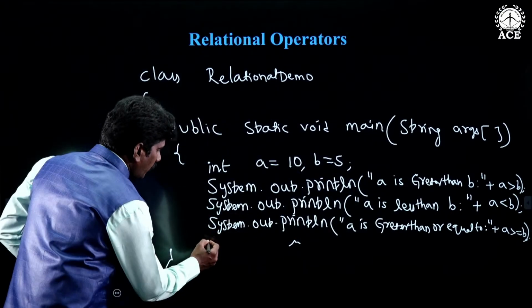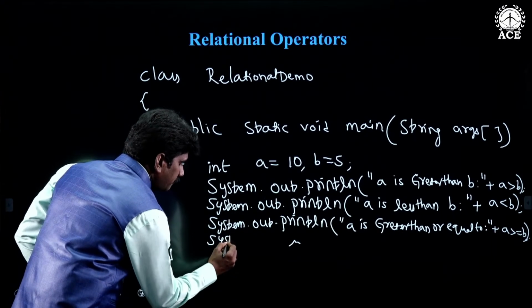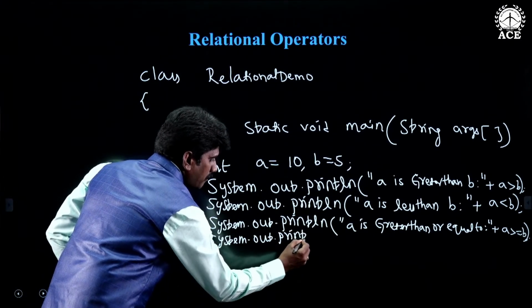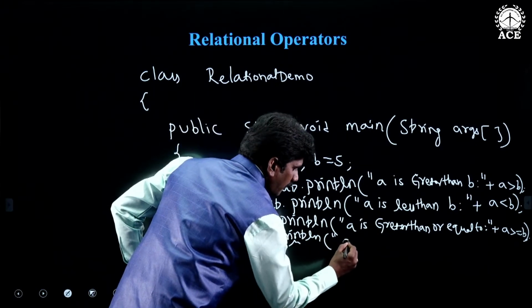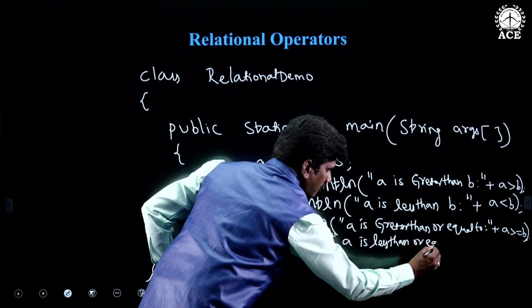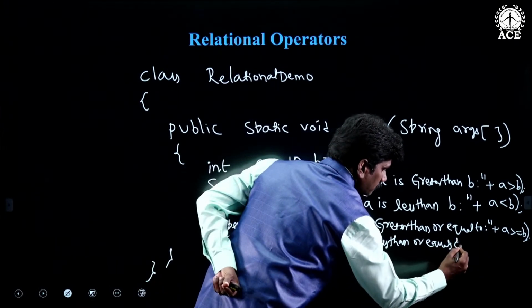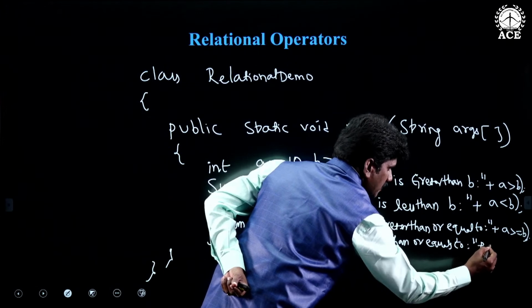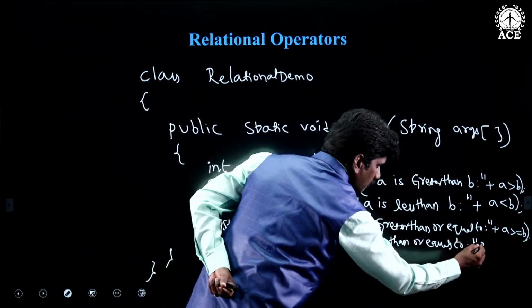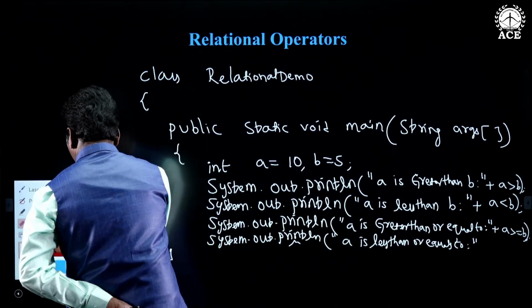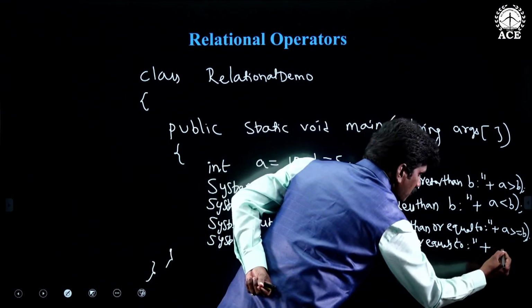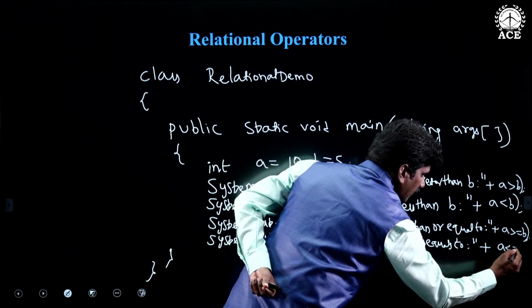Similarly, the next one we can apply: System.out.println "a is less than or equal to" plus a less than or equal to b.